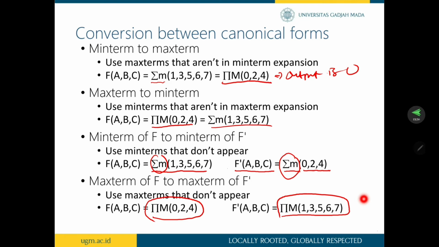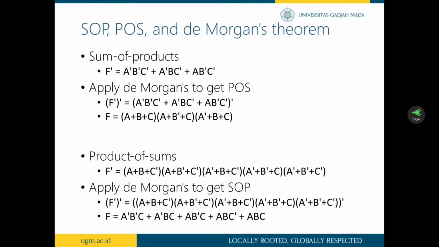So this is the conversion between canonical forms. And for the SOP or sum of product and product of sum and the De Morgan theorem, we can see the relation.